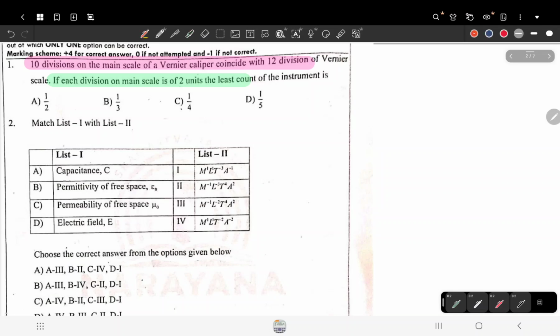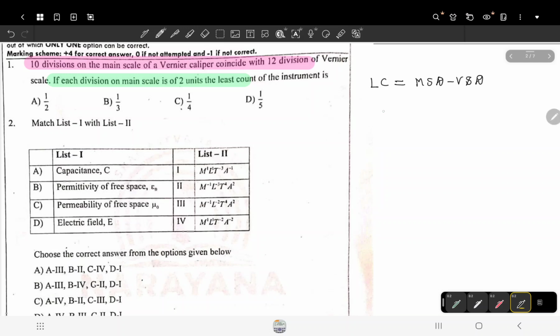So we know the formula for the least count: least count is equal to MSD minus VSD. It says that 10 divisions of the main scale of a Vernier calipers coincide with 12 divisions of the Vernier scale.